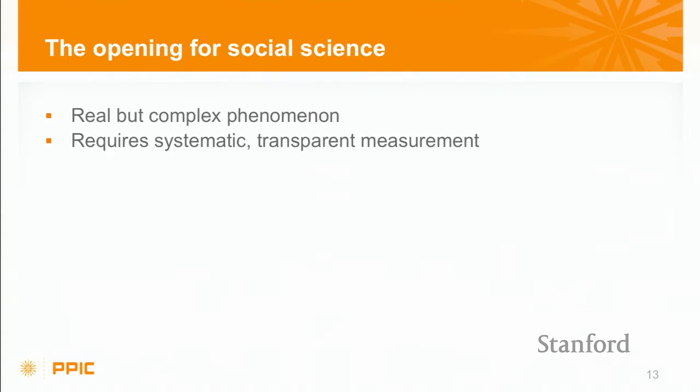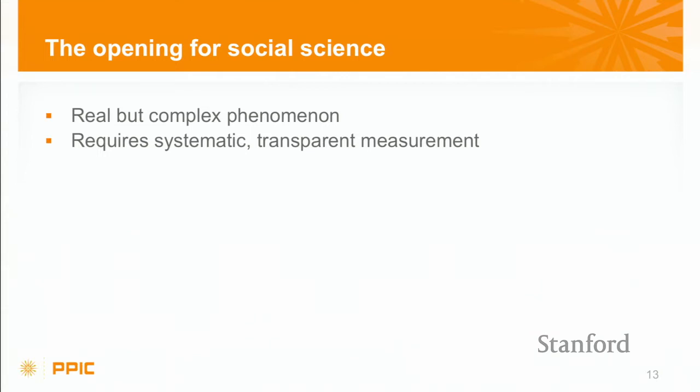So this creates, I think, an opening for social science. It's a real phenomenon that is complex. It requires systematic, transparent measurement, in particular in this case, because the court really wants it to be something where it's defensible as a principle, right? So that when they're applying it to any particular case, they can say, well, you know what?